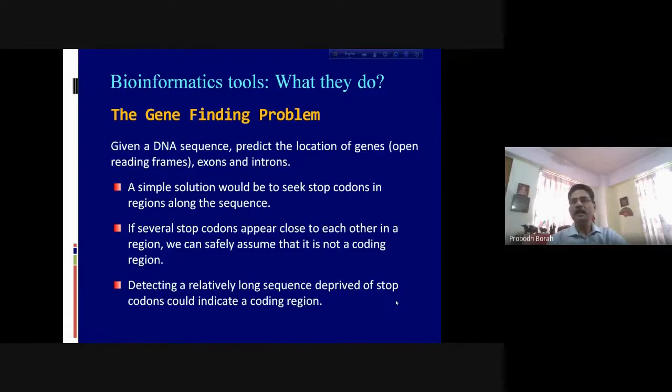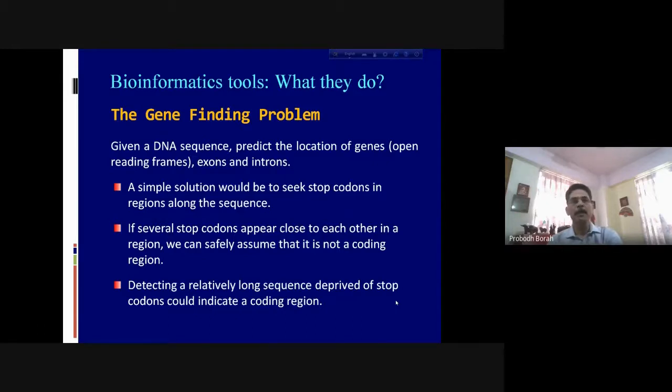Now, let us discuss about some of the examples of how bioinformatics has helped the biologist to solve their problem. I'll cite only one or two or three examples so as to understand the importance of bioinformatics in solving the problems in biology.